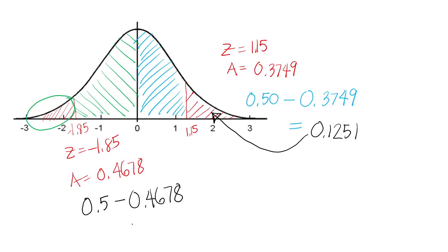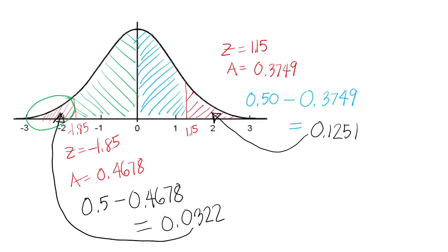And how much is that? 0.0322. So this part here is the shaded area. So what do I do with 0.1251 and 0.0322?